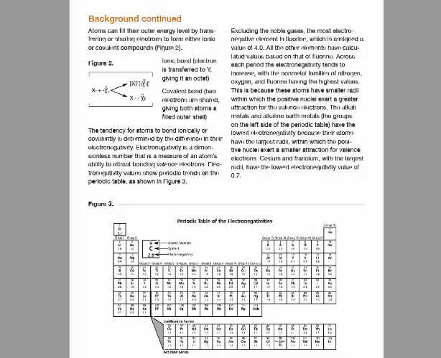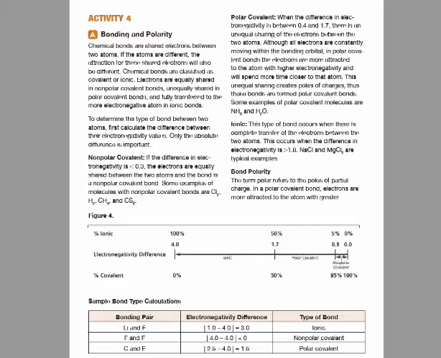Electronegativity values are found on page 4 and on page 23 of your lab manual. And we're going to use the criteria that's stated in your lab manual to identify a bond as ionic, nonpolar covalent, or polar covalent. So if the difference in electronegativity is between 0 and 0.3, that bond is going to be considered to be nonpolar covalent.